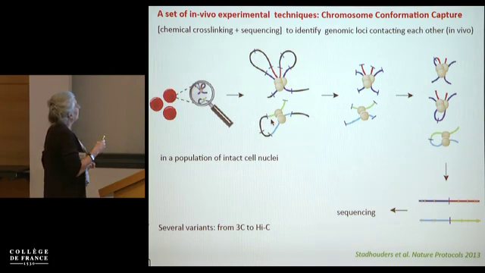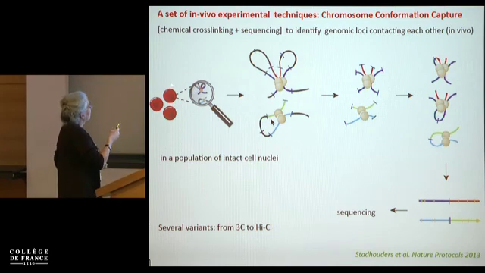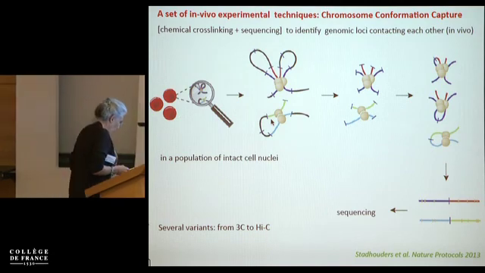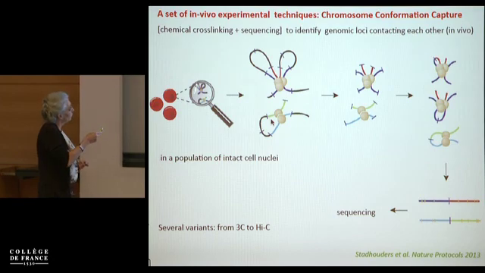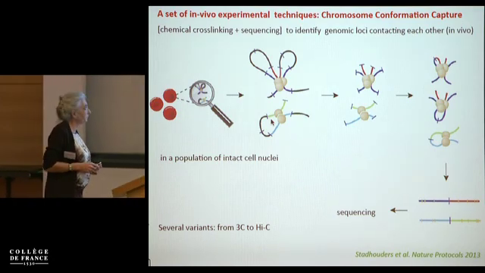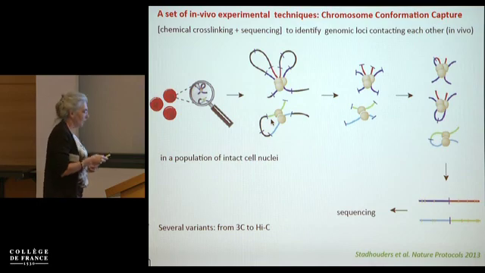The first step is to extract living cells from a tissue, for instance, mouse or human, to isolate the nuclei, just to avoid the mitotic state, so intact nuclei, and then to cross-link the genome, the contacts across the genome.